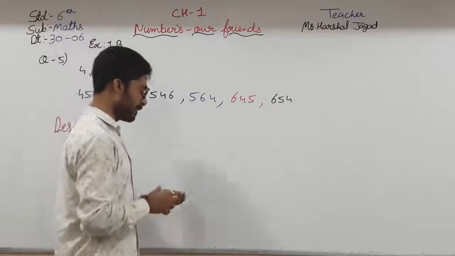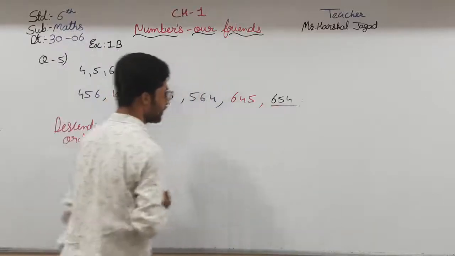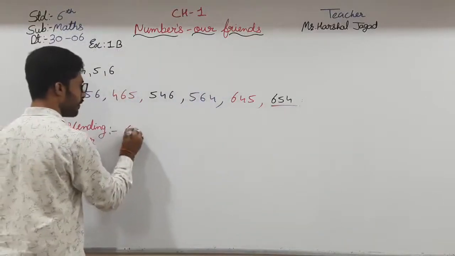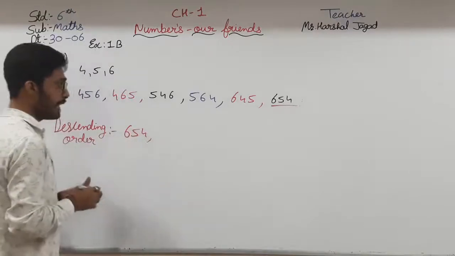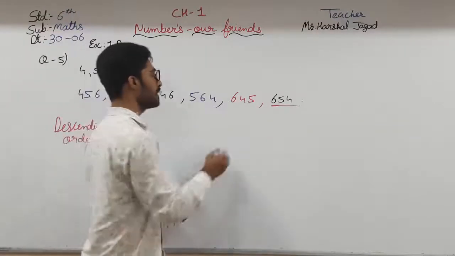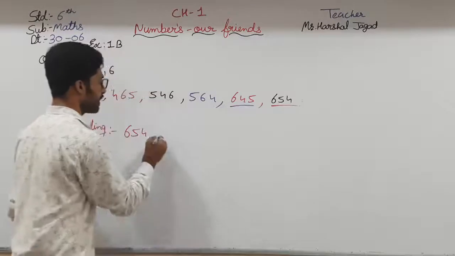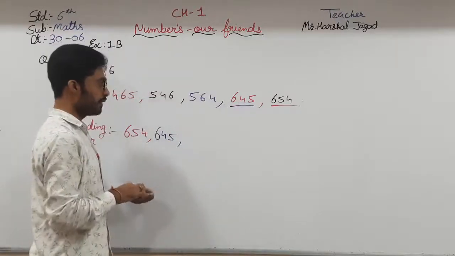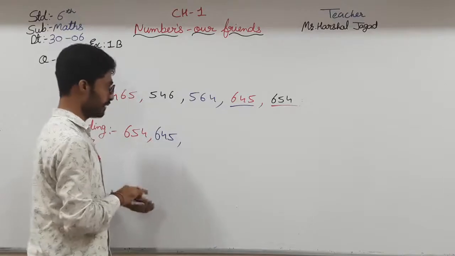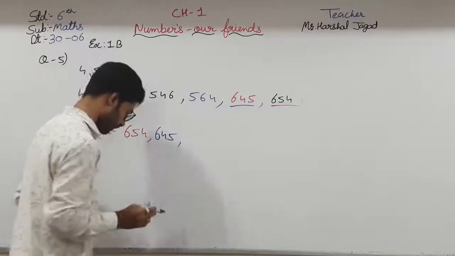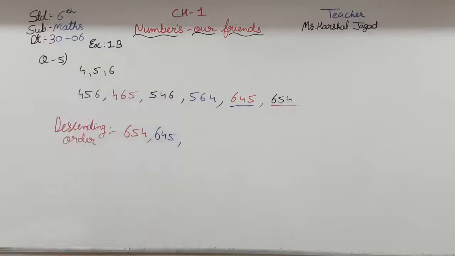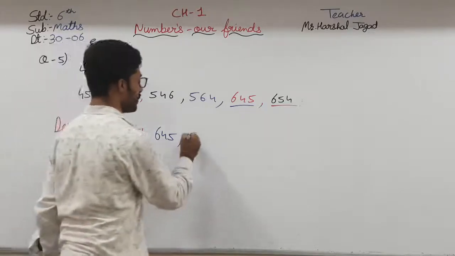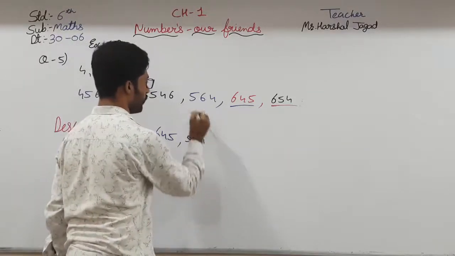So here the largest number is 6, 5, 4, and smaller than that is 6, 4, 5, and smaller than that is 5, 6, 4.